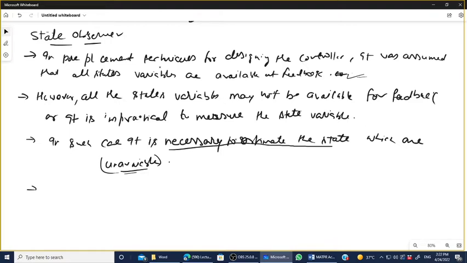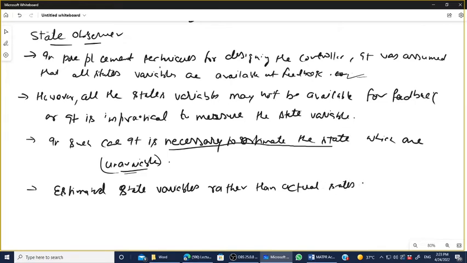So estimated state variables, rather than actual states, are then fed to the controller, because the real-time values of those states are not available.